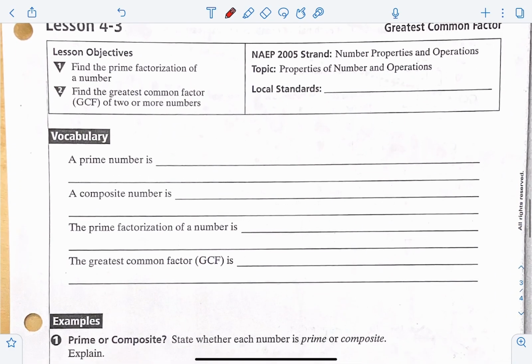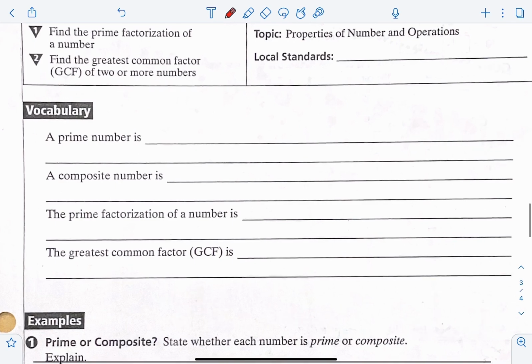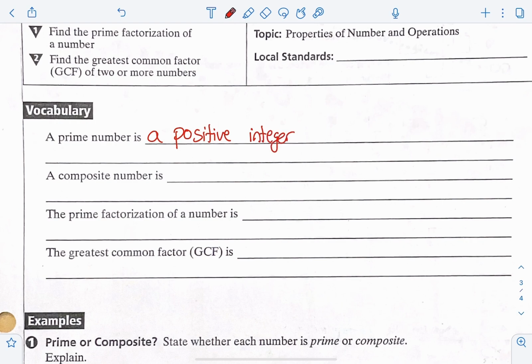So today we're going to be talking about prime factorization. In order to do that, we need to define what a prime number is. A prime number is a positive integer greater than 1 with exactly 2 factors, 1 and itself.